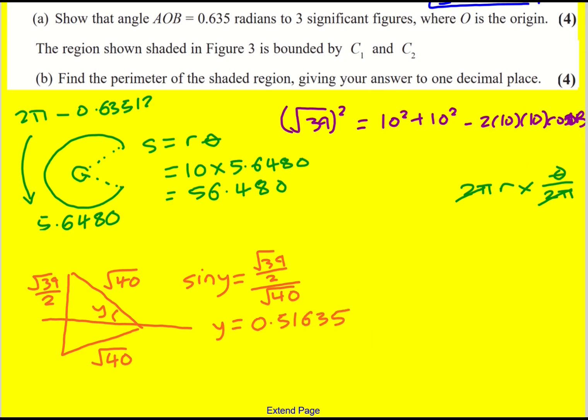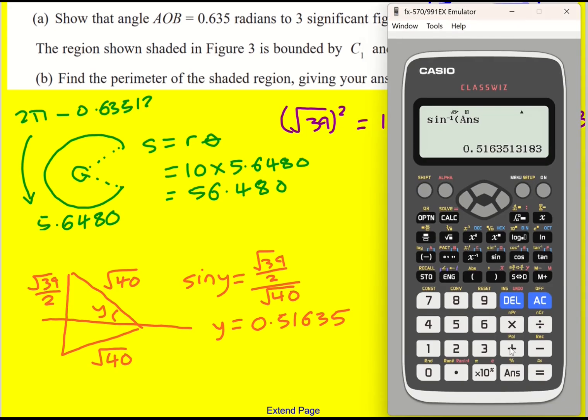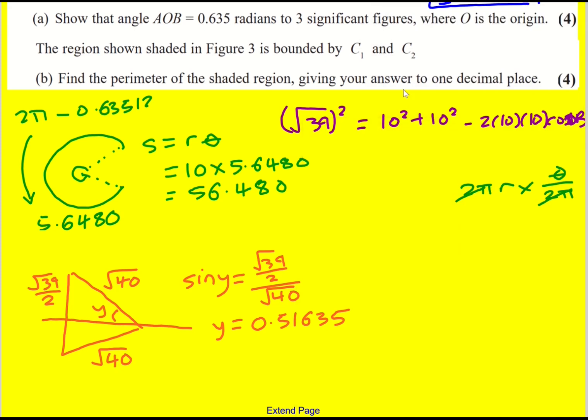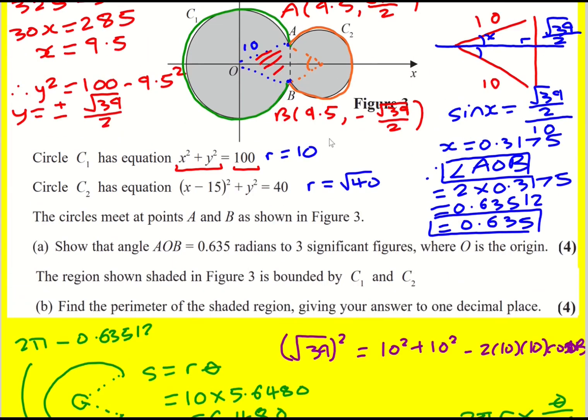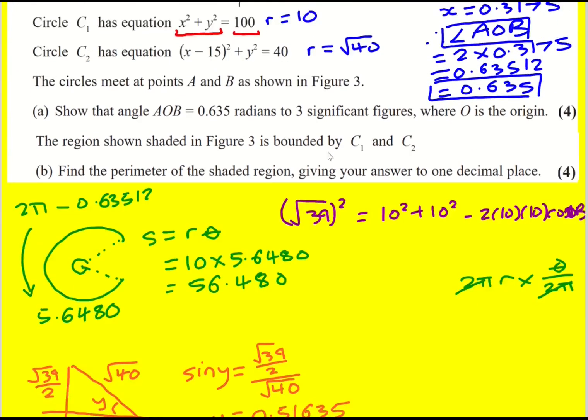Remember, that's just half of the angle that we're interested in, so I just need to double it. 1.0327. So that is angle, okay, this isn't given a point. Let me call it X. Angle AXB.